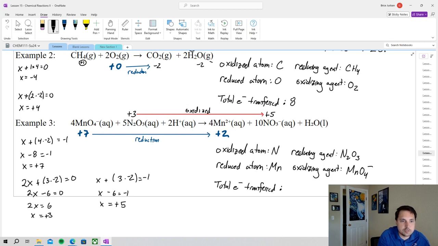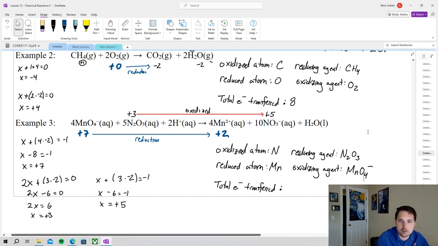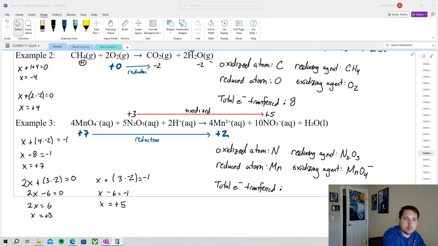Let's see, we have 16 plus 16. Oh, something seems off here. It's 31. And then the right side we have, yeah, that's balanced.